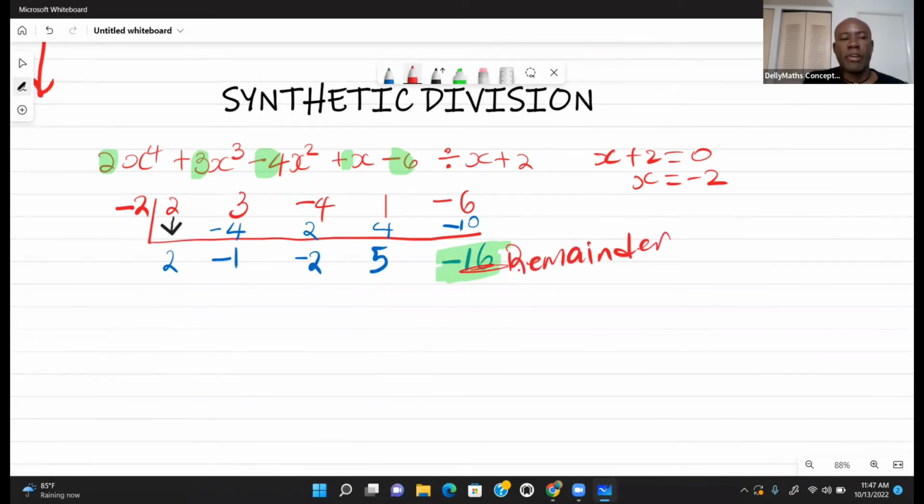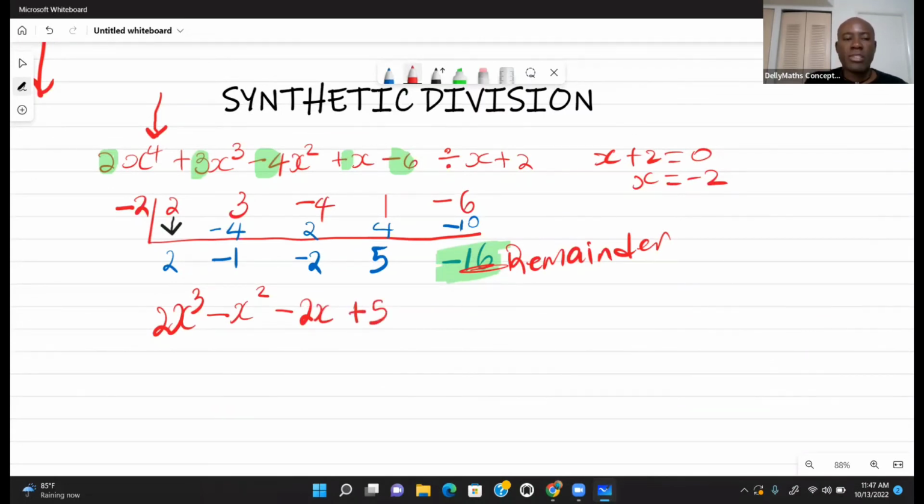Now, what we have here will be the descending powers of the polynomial. Remember that we divided 2x to the fourth, so the degree will start with the third. So this is 2x to the third. It's always one less. Then this one is going to be negative x squared, this is negative 2x, and this is the constant positive 5.